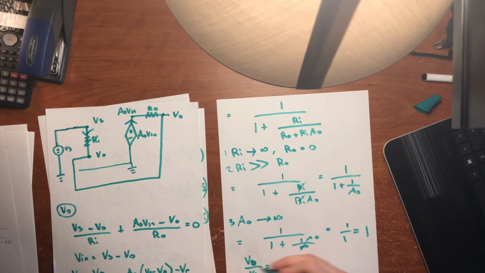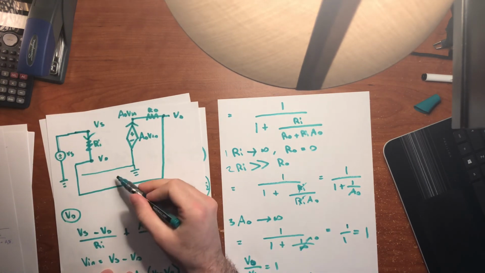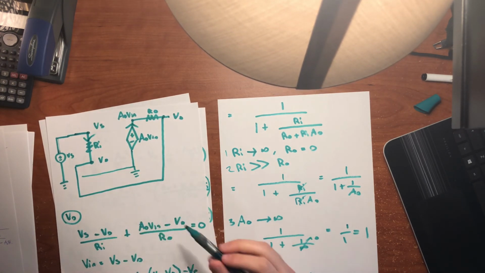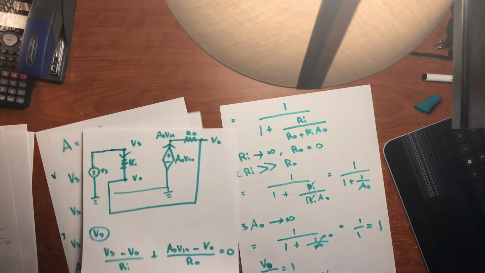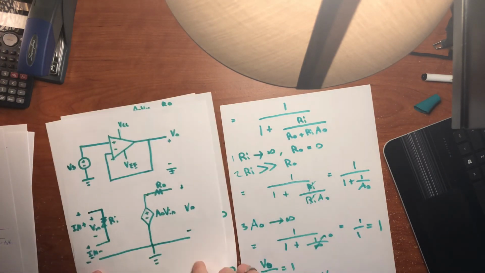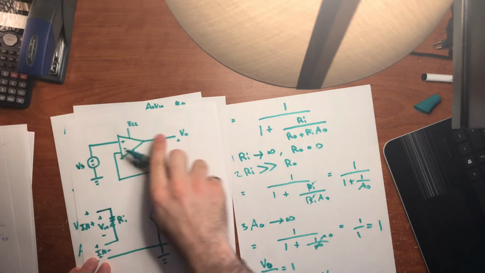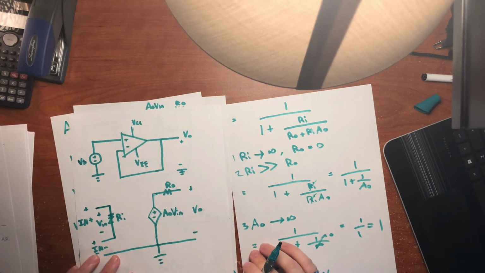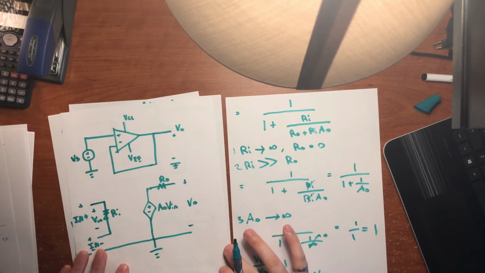And we could say, okay, well, if V naught divided by Vs equals 1, that means V naught equals Vs. And this is exactly what this circuit does. This op amp circuit right here is actually called a unity gain buffer.